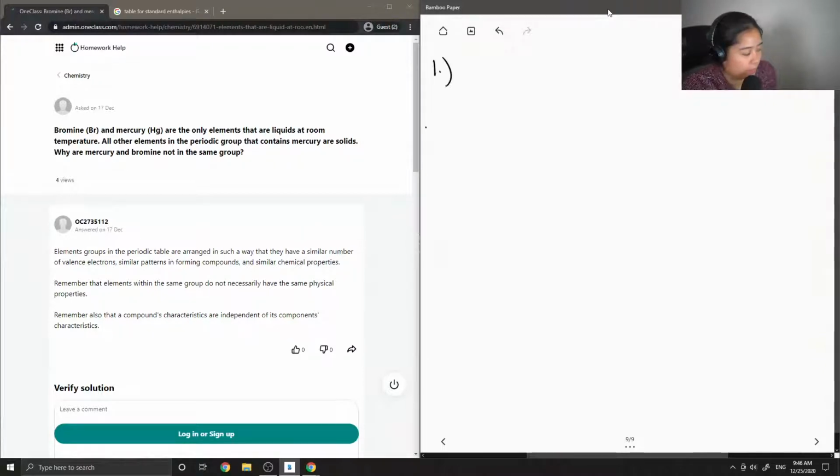So this is just because when you have different elements that are grouped together in the same group, they don't necessarily need to have the same physical properties.